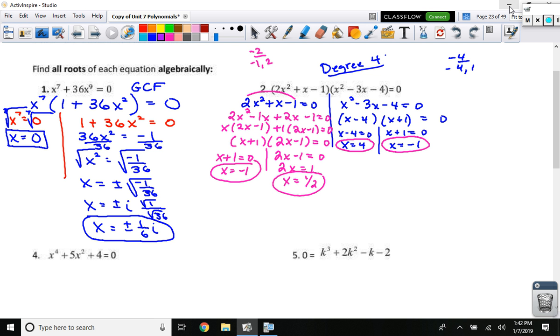So our goal here, starting tomorrow, is to be able to look at an equation like this and say, it's a degree 4, which means we know what about the end behavior. Uh-oh. We better know this by tomorrow. Either opens up or opens down, right? End behavior. How do I know if it opens up or down?